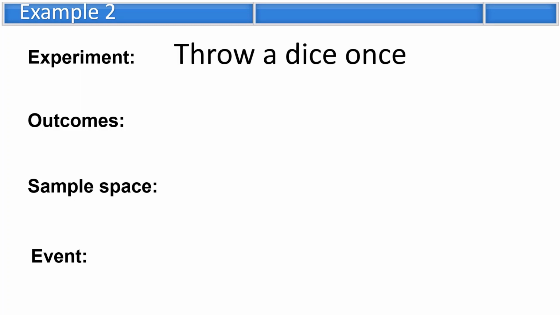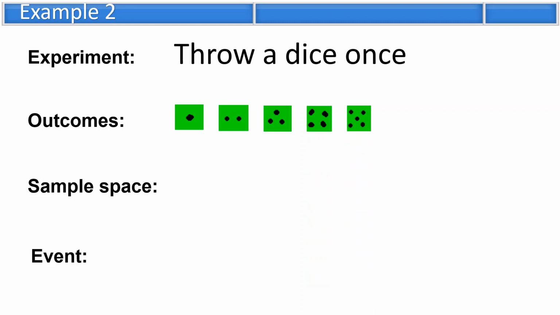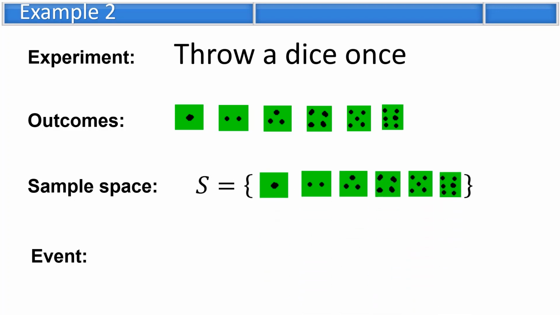Example 2. Experiment is: throw a dice once. Outcomes is either 1, 2, 3, 4, 5, 6. Sample space: S equals {1, 2, 3, 4, 5, 6}. N of S is equal to 6. Some examples of events are as follows.